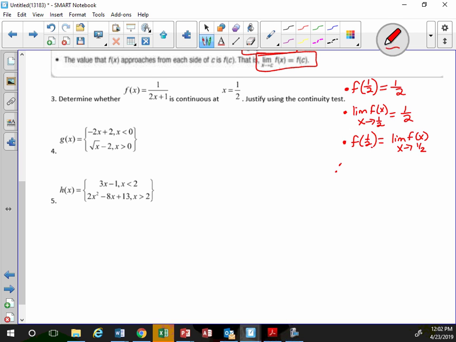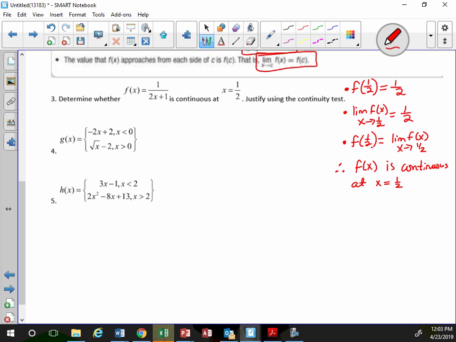Therefore, which is just those three dots, f of x is continuous at x equals 1/2.